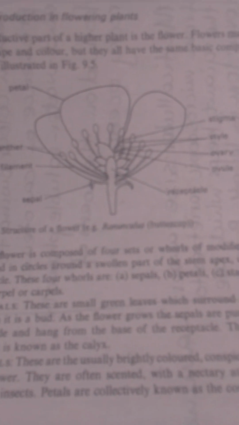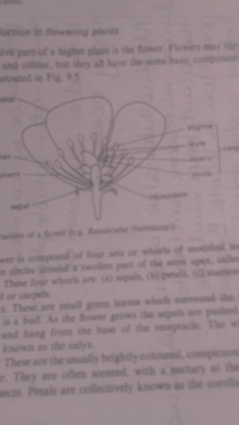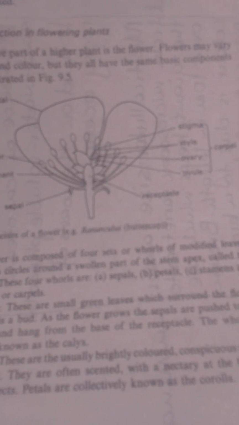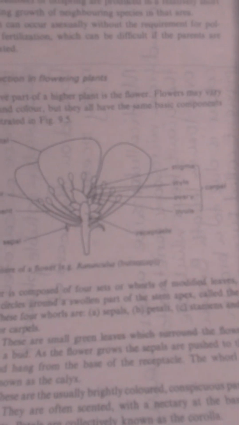Number 3, we have the stamens. These form a whorl inside the corolla.